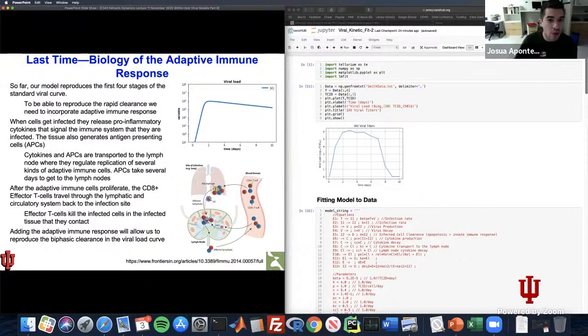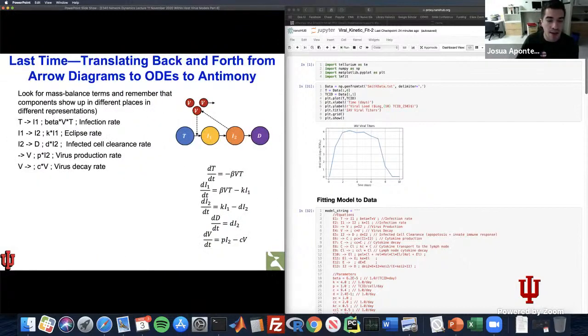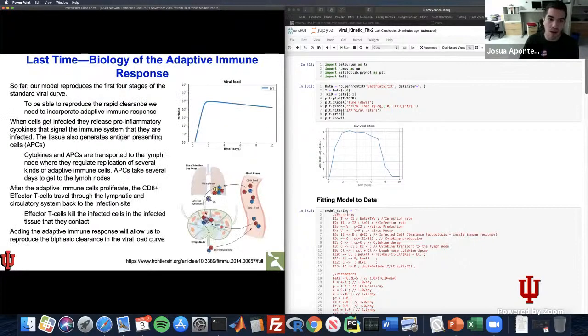So as I mentioned, the clearance in this model usually represents the activity of the innate immune response. And that allows us to represent the viral load curve up to day 8.